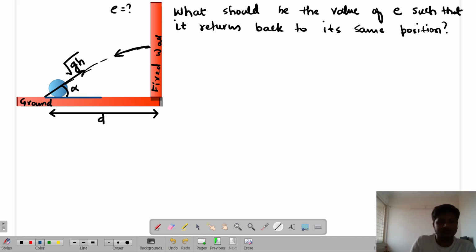Just take it g only. Once again, I'll have two velocity components, isn't it? The first one will be root under gh cos alpha. The second one will be root under gh sin alpha. Are you able to get me or not?